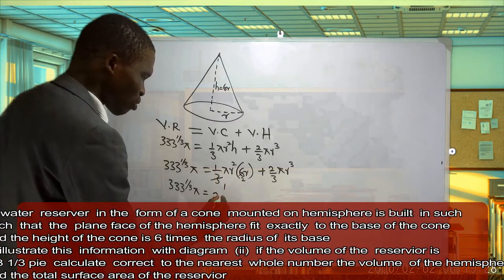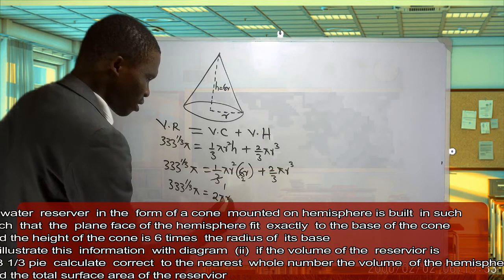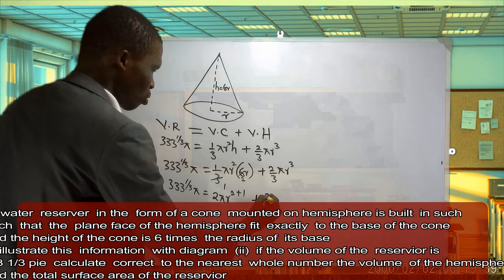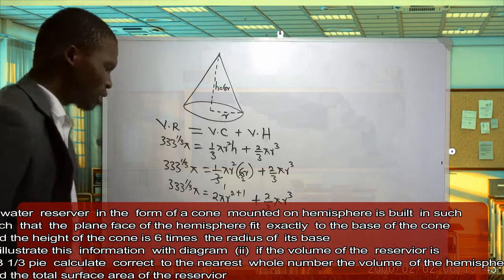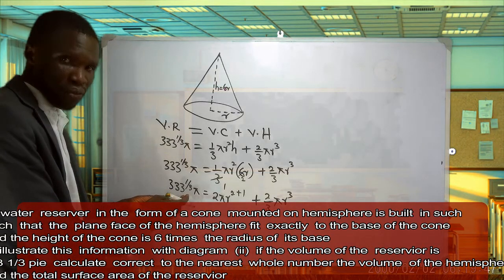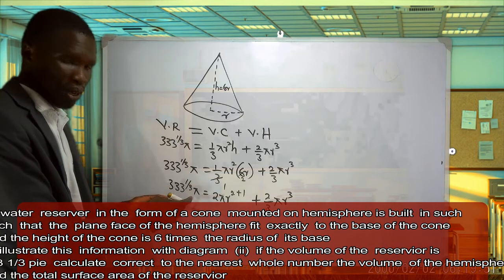We are going to have 2 pi r to the power 2 plus 1, plus 2 all over 3 pi r cubed. Now you can change this mixed fraction to an improper fraction.